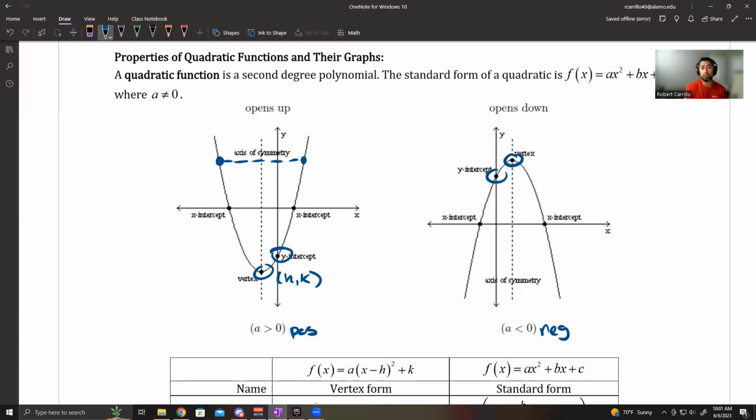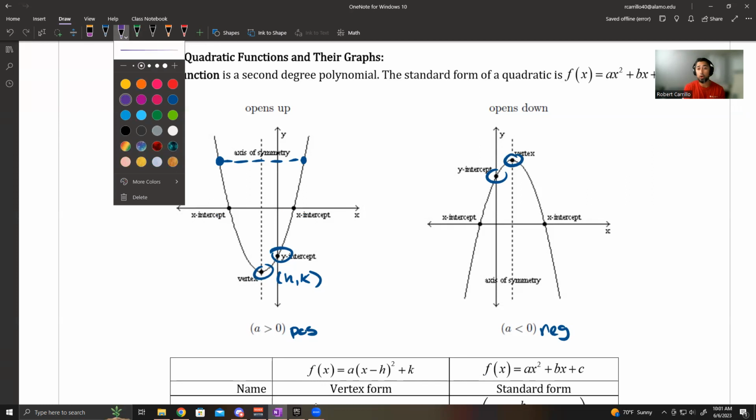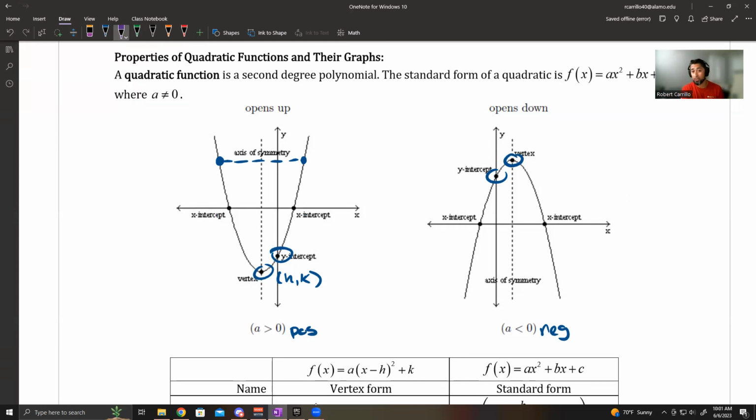Okay, another thing to talk about is domain and range of our parabolas. Since our parabola is based off of a quadratic function, the quadratic function is also a polynomial. So the domain of all polynomials, of all quadratic functions, is all real numbers, negative infinity to infinity.